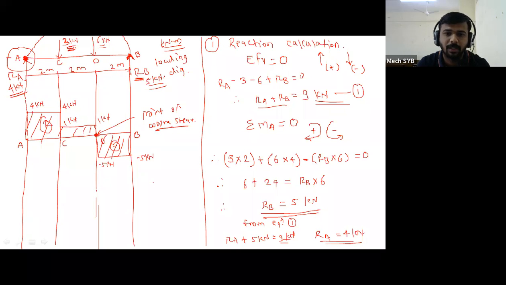We have not yet done the bending moment calculation, but once we do the calculation and draw the figure, you will get the idea of how the definition is satisfied. That is, it is the point at which shear force is zero, and at the same point in the BMD the bending moment will be maximum. That we will discuss in the next part.